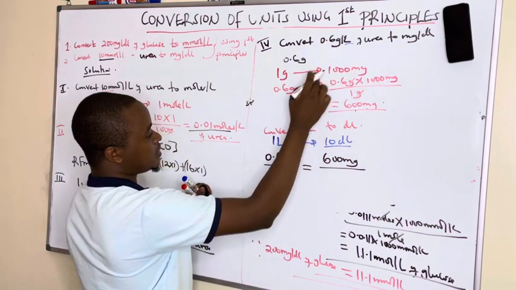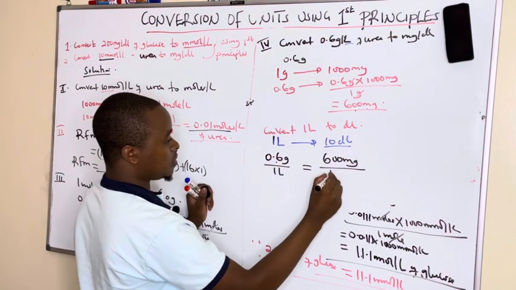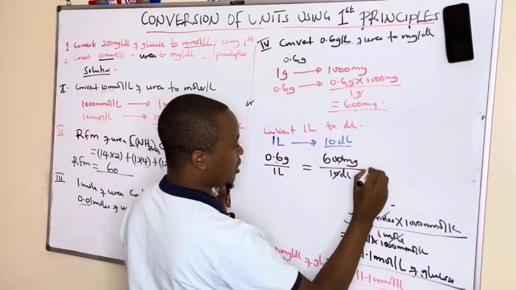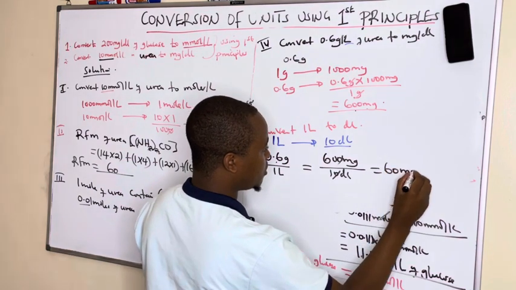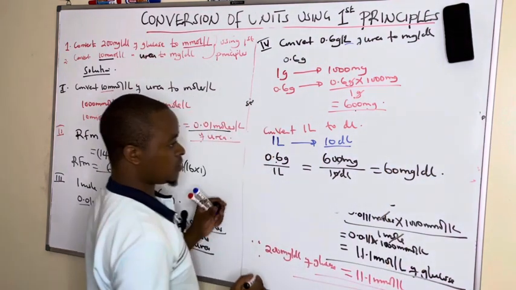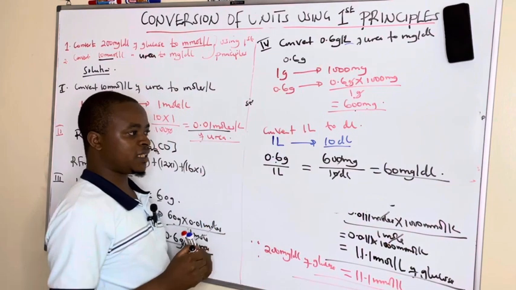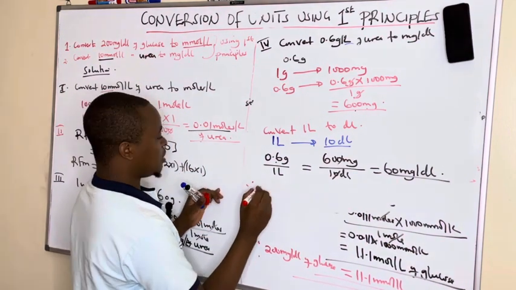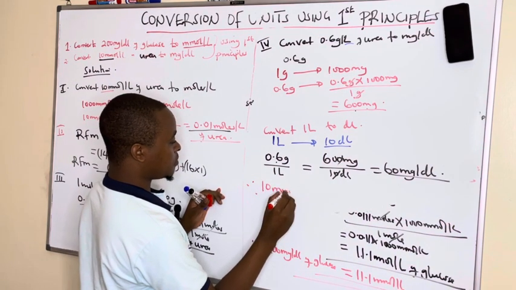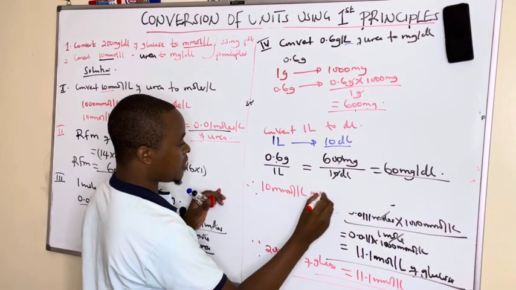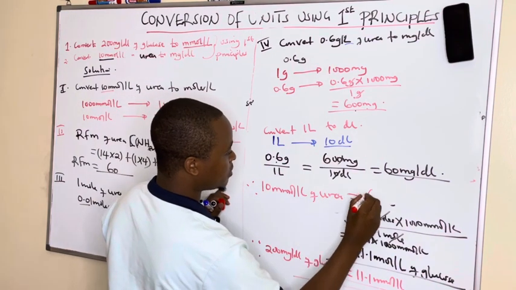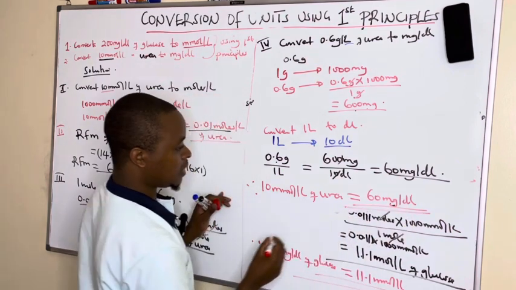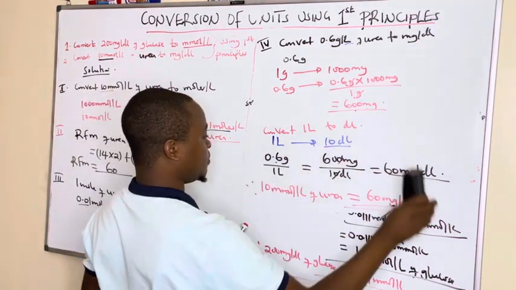We divide, where there is a liter, we put 10 deciliters. 10 goes with 10, and we shall get the answer as 60 milligrams per deciliter. So after getting this, you conclude by saying that 10 millimoles per liter of urea is equivalent to 60 milligrams per deciliter. And that is the final answer.